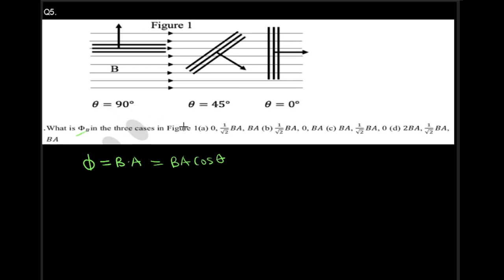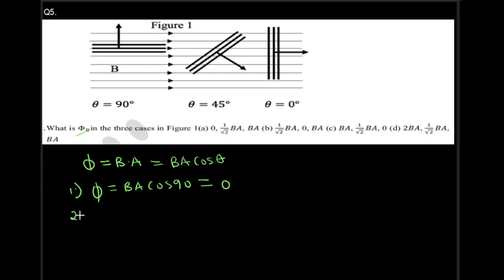So for case 1, theta is 90 degrees. So we're going to have flux to be BA cos 90. Cos 90 is 0, so 0 times the whole of this will give us 0.